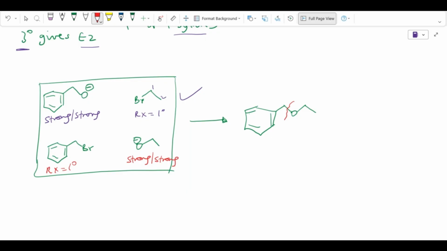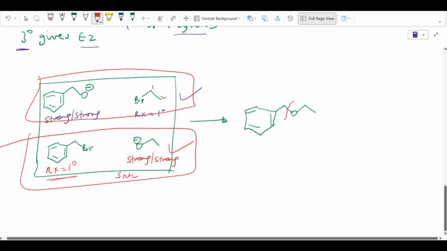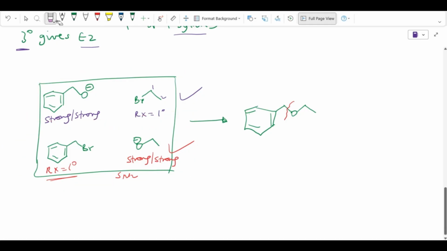Right? For example, if the prevailing mechanism is E2, then you're going to form an alkene and not the ether. So here, a primary alkyl halide and a strong nucleophile will also give you the SN2 mechanism. Therefore, this will also fly. So either you use these reagents or you use these reagents. Either one will give you the correct answer.